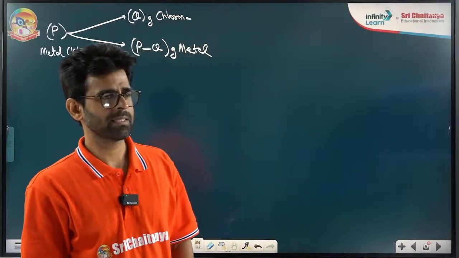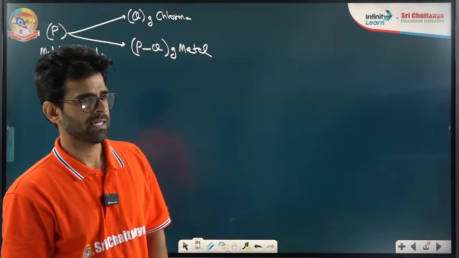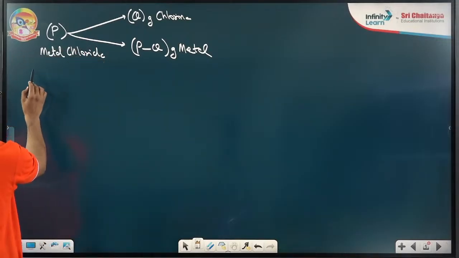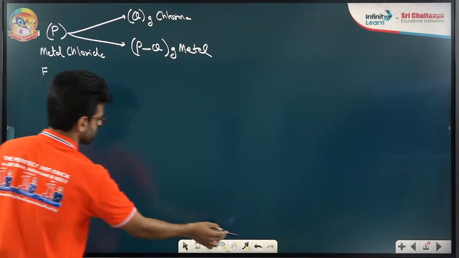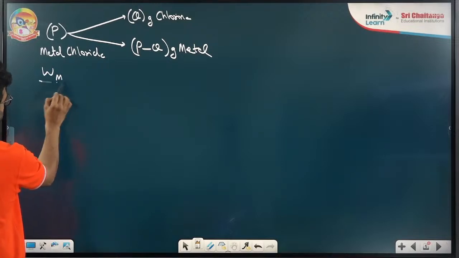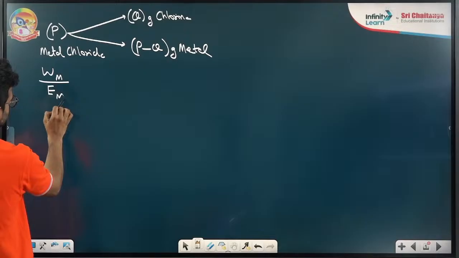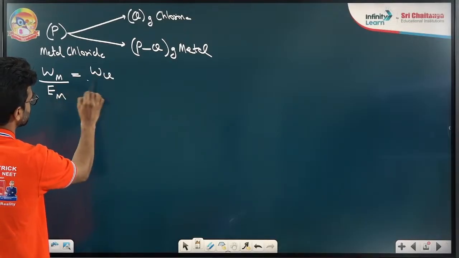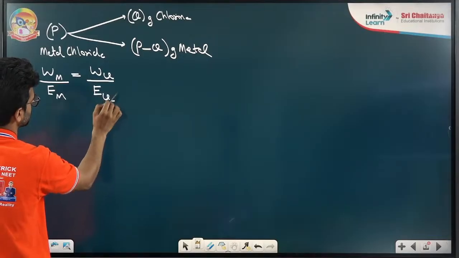Great. So what's coming here? Again, I'm taking the equivalent weight: the weight of metal divided by equivalent weight of metal, and here the weight of chlorine divided by equivalent weight of chlorine, right?